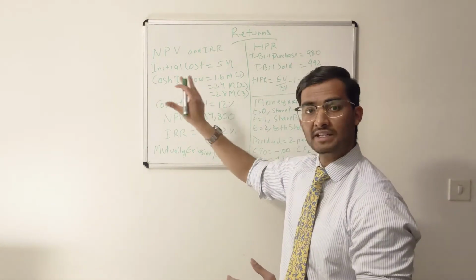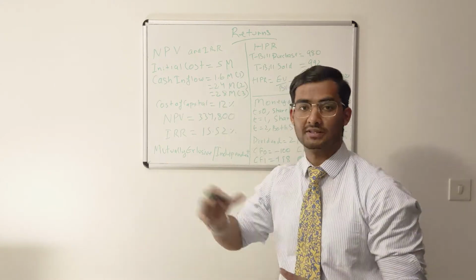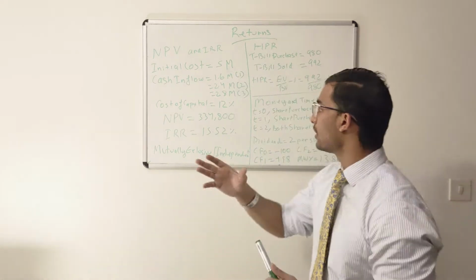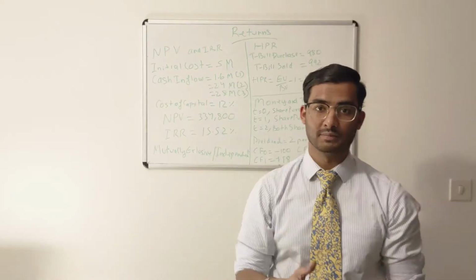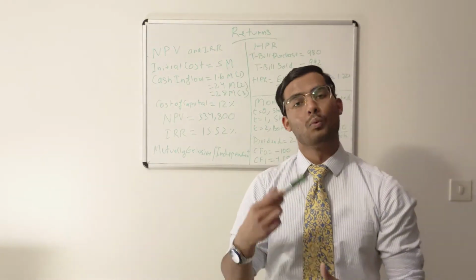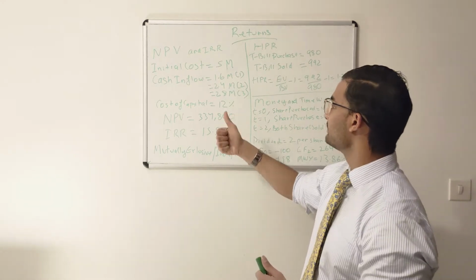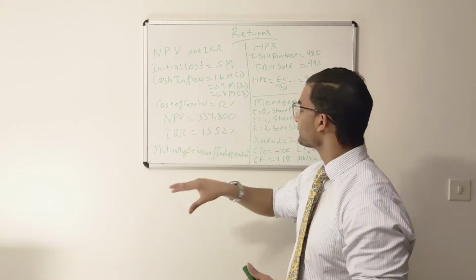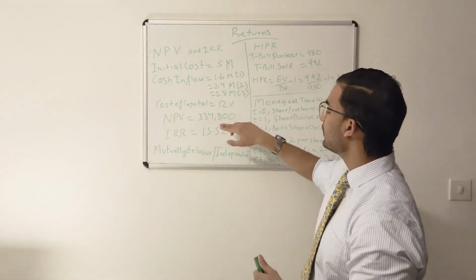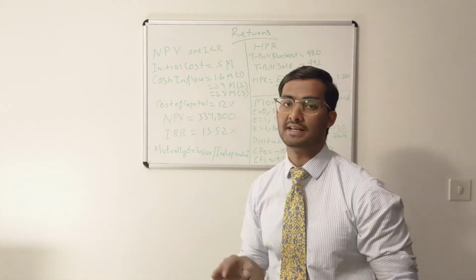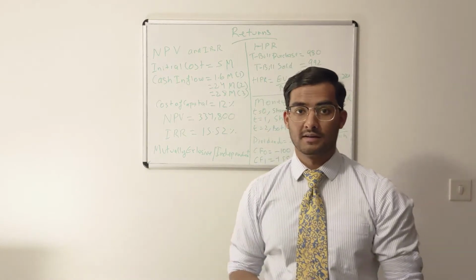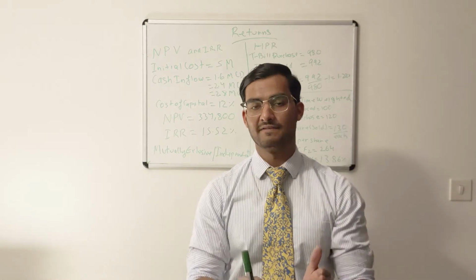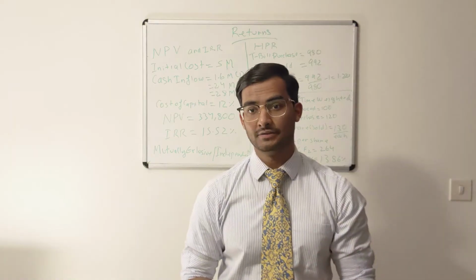So you take the financial calculator, with the cash outflow being the initial investment of 5 million, compute it with the cash inflows of 1.6 million, 2.4 million, 2.8 million at a cost of capital of 12%. You will derive an NPV of 334,800.